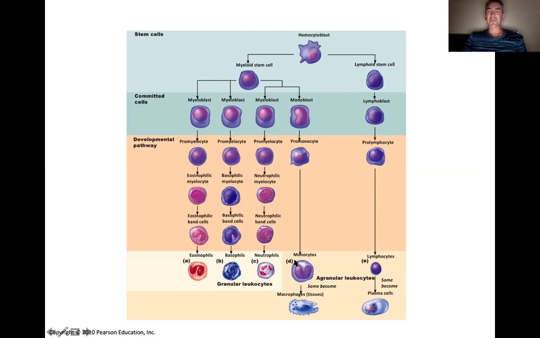So there's a little bit more complexity in the development of a white blood cell than there is for the development of a red blood cell. Now, I'm not going to get that particular with the different names. There's a lot of names to remember, right? The band cell, the myelocyte. There's a lot of little names. I just want you to get the big picture.